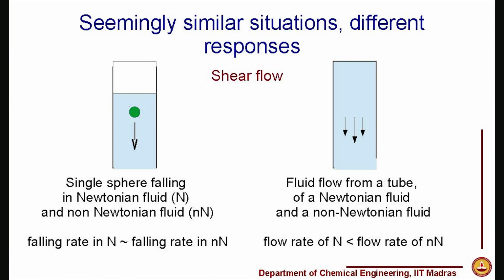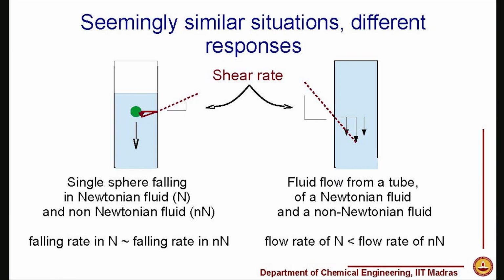So, therefore, what we are seeing here are predominantly examples of shear flow. In both the cases it is predominantly shear which is involved, and just to characterize and quantify the intensity of the shear flow, we can think of shear rate. For example, here the velocity would be the terminal velocity of the sphere, and then it would go to 0 near the wall, and therefore you have a velocity gradient or shear rate which is very small, because in general the terminal velocity of a small sphere is expected to be very low.